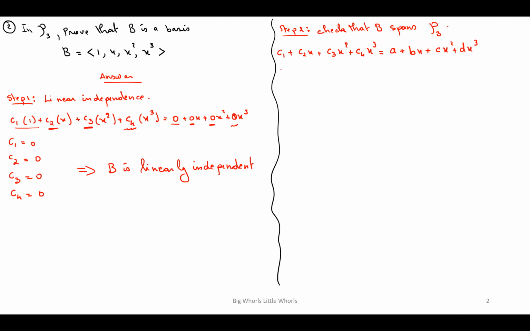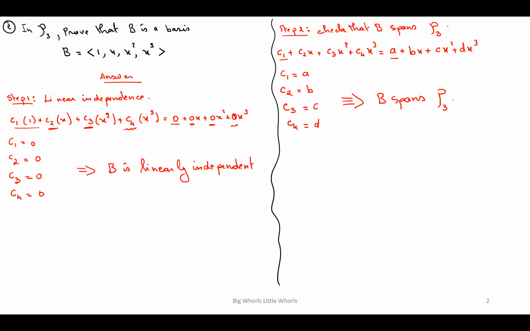So here again, the constant C1 on the left is equal to the constant on the right-hand side, so C1 is equal to a, C2 is equal to b, C3 is equal to c, and C4 equals d. So that means B spans P3.